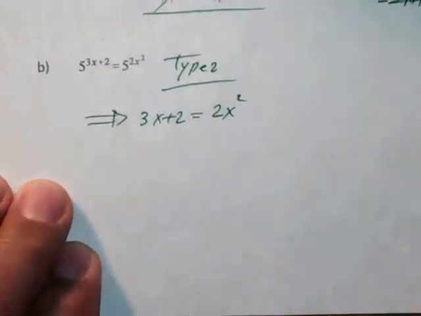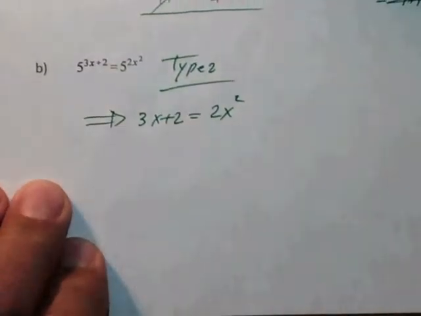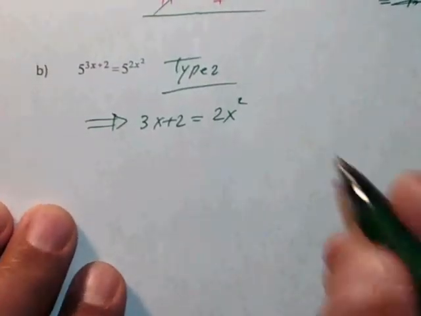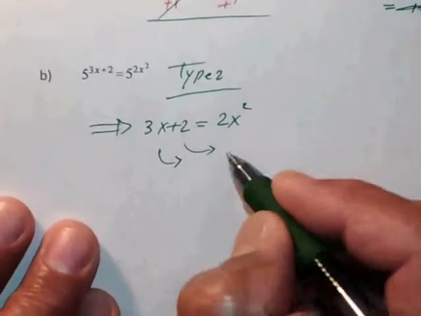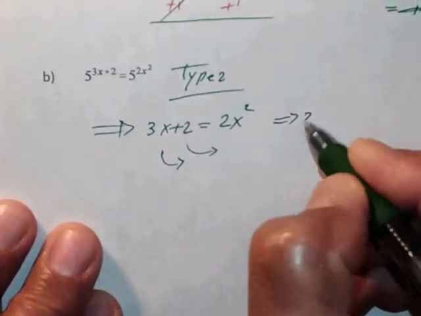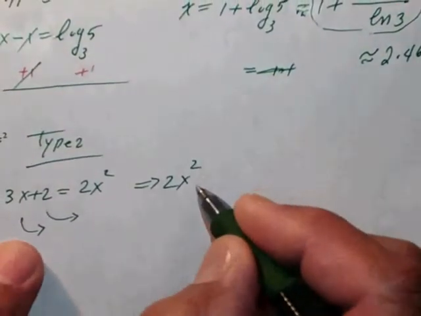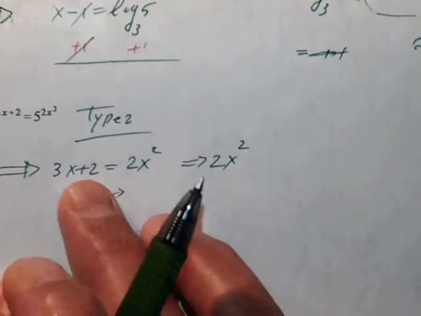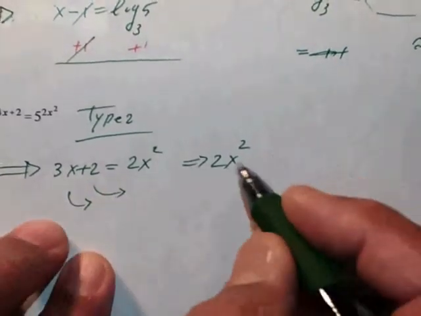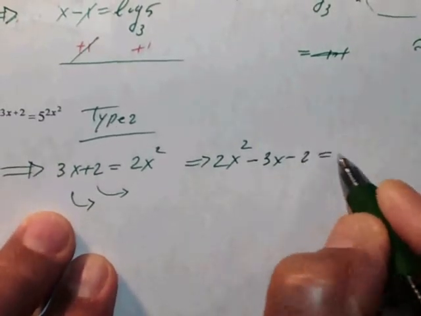But this is a quadratic equation. If I move everything to one side and make the other side 0, I get 2x squared minus 3x minus 2 equal to 0.